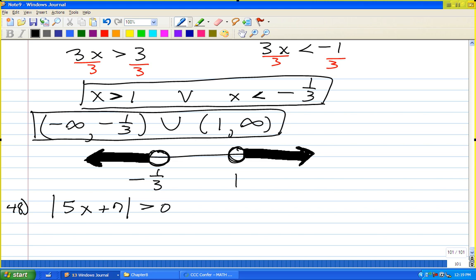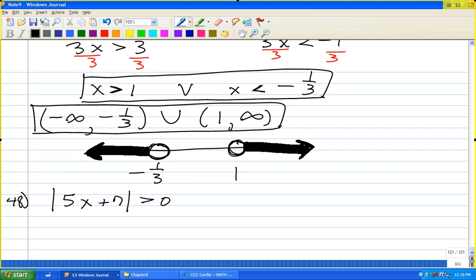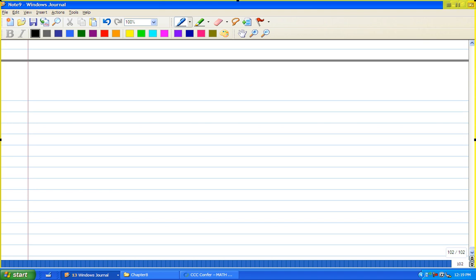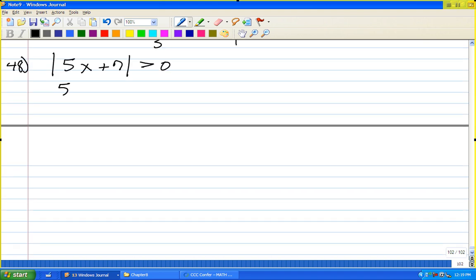So this is one of the special cases. An absolute value is greater than 0. Well, every absolute value is going to be greater than 0. The only time it's not greater than 0 is when it's equal to 0. So it should be everything except when what's inside the absolute value is 0.